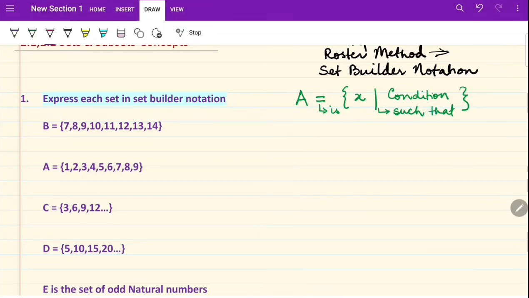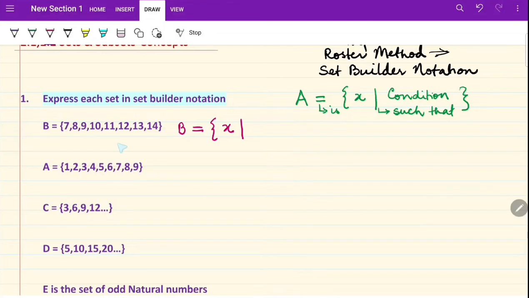So we have to state that in our set notation as well, as one of the conditions. All right. So the way we are going to start writing this in set notation is B equals, which is to be read as "is". So B is, and then this curly bracket. Let's open the curly bracket, and then x, and then such that, this vertical bar being read as "such that", and then the first condition is that they are elements from the set of natural numbers.